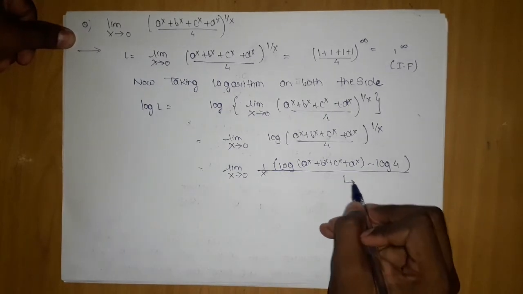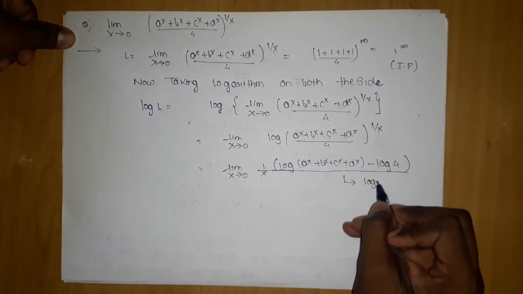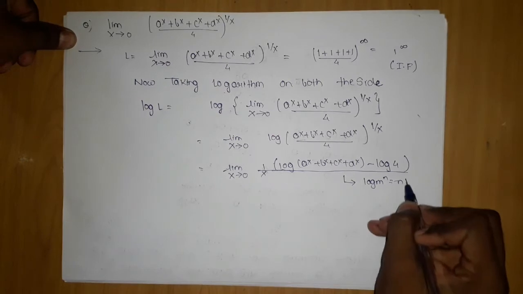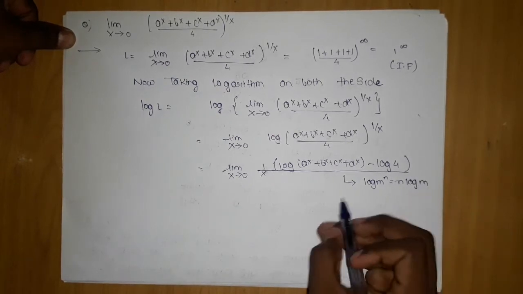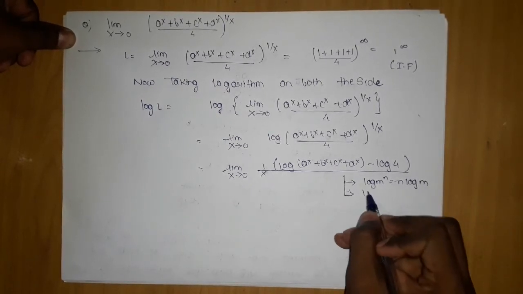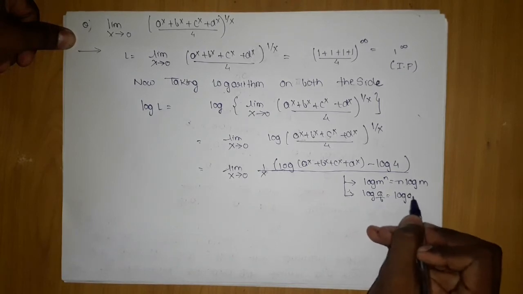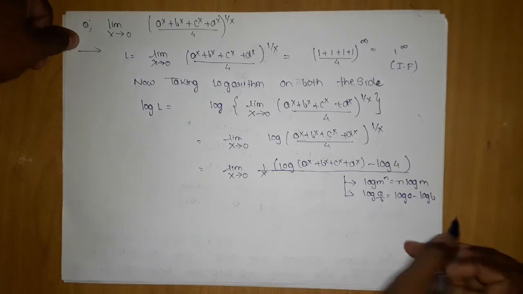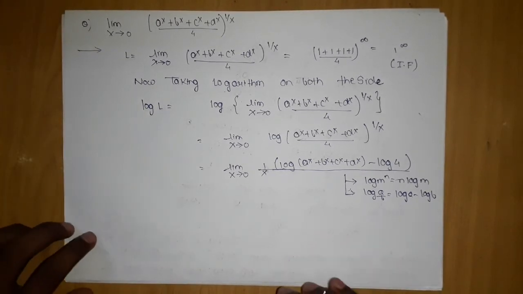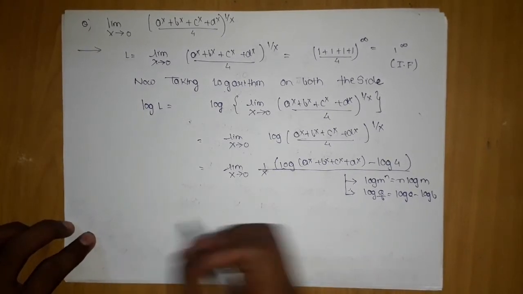Now you have to mention here that log m to the power n is n log m. Similarly, you have to also mention that log a by b is log a minus log b. All the reasons matter. You have to give explanation for each and every step.